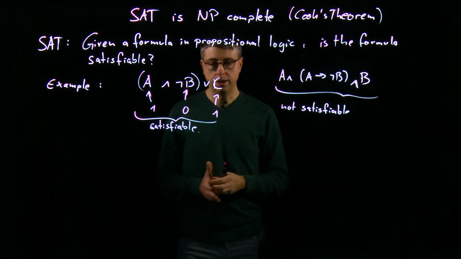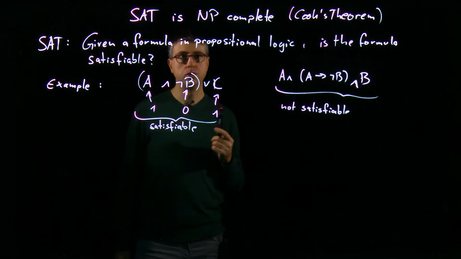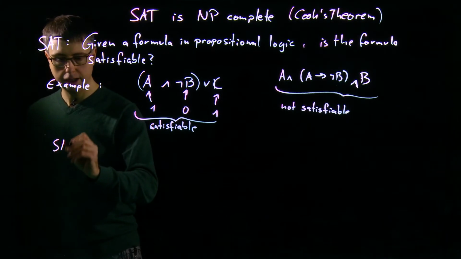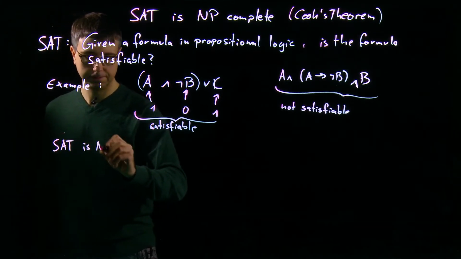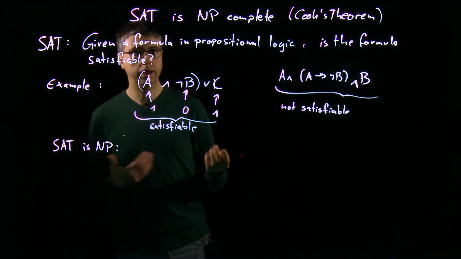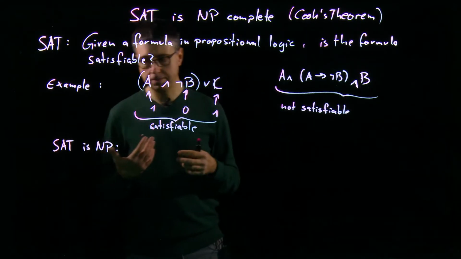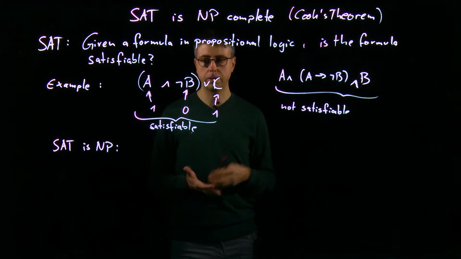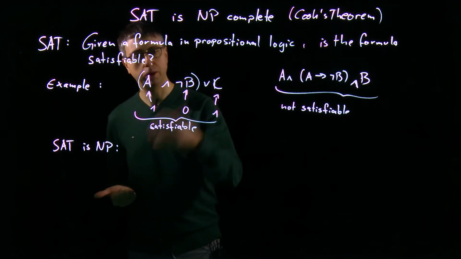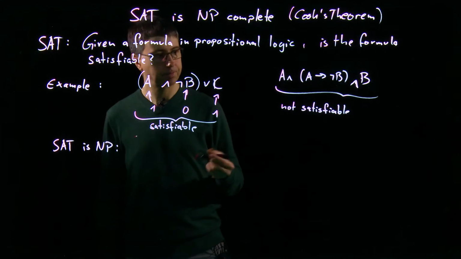So that's actually the problem. The first part of the proof is to prove that the satisfiability problem is in NP. That's quite easy. SAT is in NP. We need a non-deterministic algorithm to determine whether a formula is satisfiable or not. Non-deterministic algorithms usually proceed by guessing an answer, and the thing we are guessing here is the valuation of the atomic propositions.